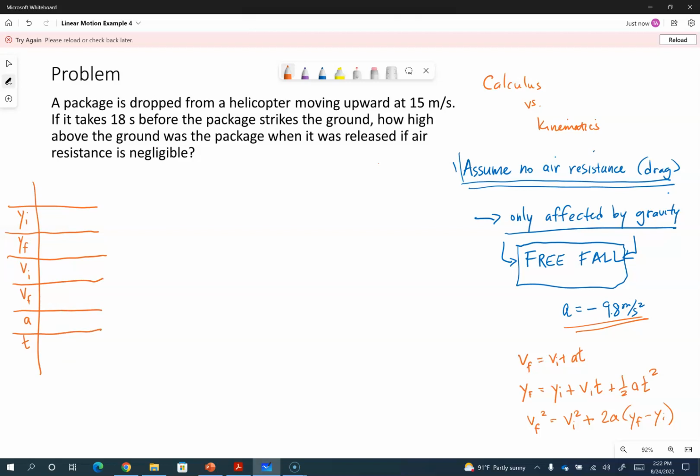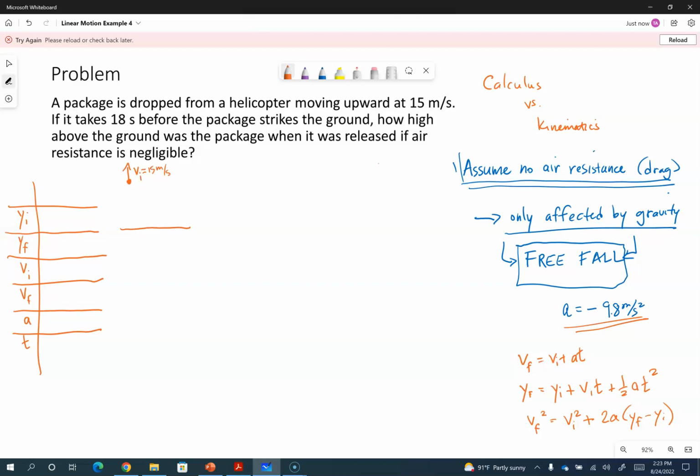So let's say we have our helicopter. It's somewhere up here. Somebody is holding this package out the door, out the side, and they're going to let go of the package. Now, because the package is in somebody's hand originally, it is moving upwards with the helicopter at 15 meters per second.